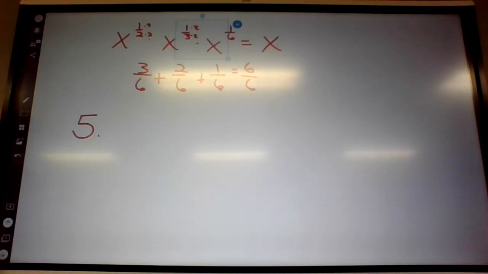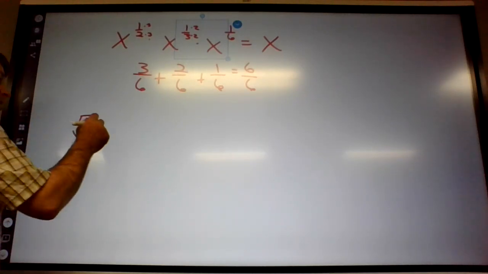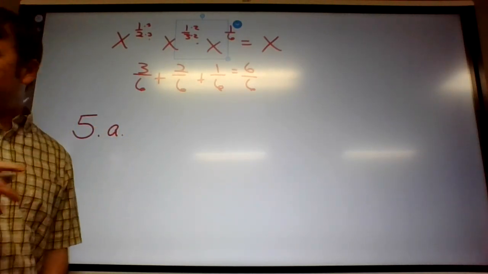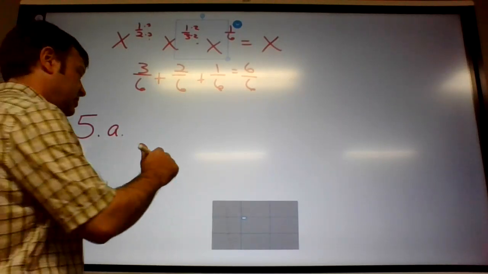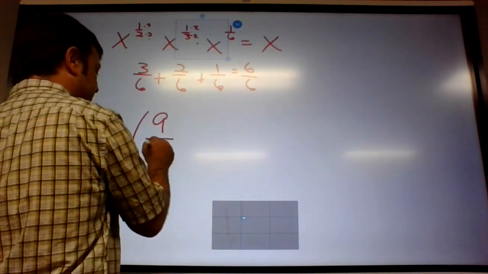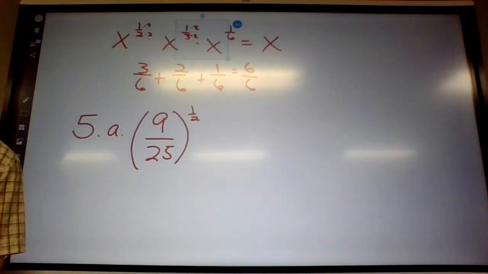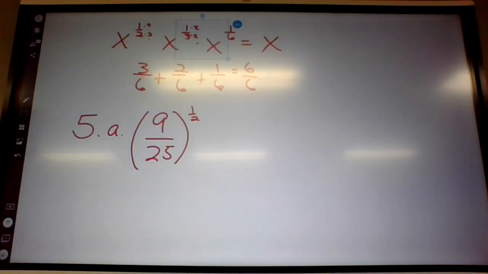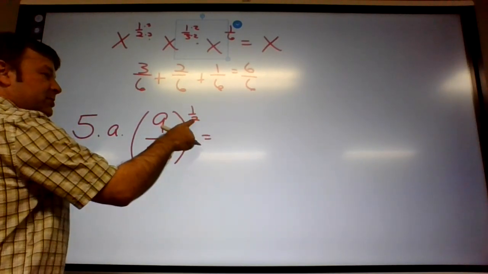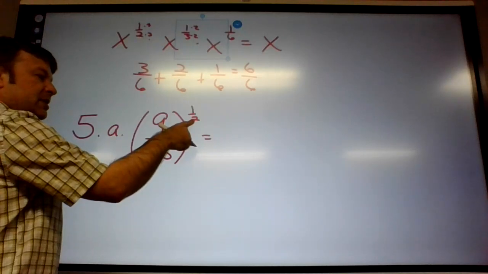Okay, number 5. You could cheat on this part. You guys know why? Because it's all numbers. So you can just do it. What does the 1/2 power mean? Just square root.